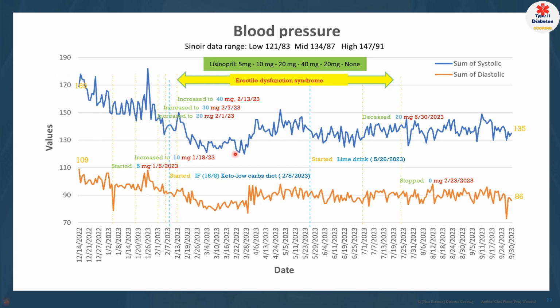Then you start reducing the pill, because this one we keep on pushing. When we start, nothing is happening. When the strength of the pill increases from 20 to 40, at 40 everything drops like this, okay.